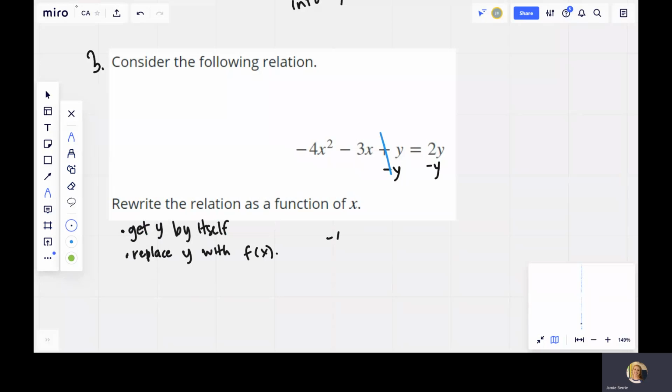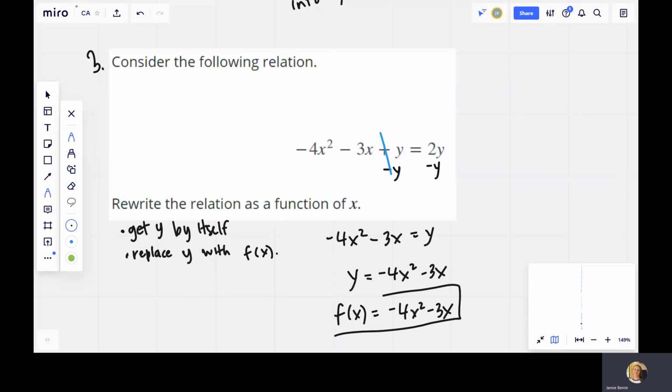You're left with negative 4x squared minus 3x equals 2y minus y is y. All right, and then I'm just going to switch the order here. Typically, we see y written on the left. So just switching that around to match up with what we're used to seeing. And now I'm just going to replace y with f of x. That's its fancy name. And we're done.